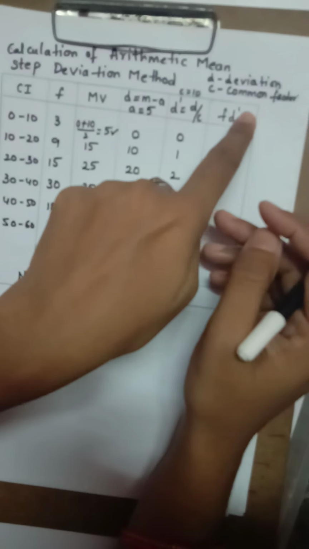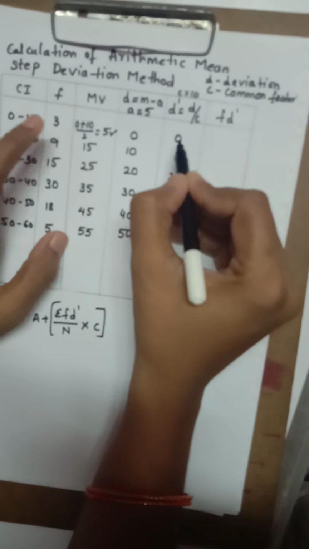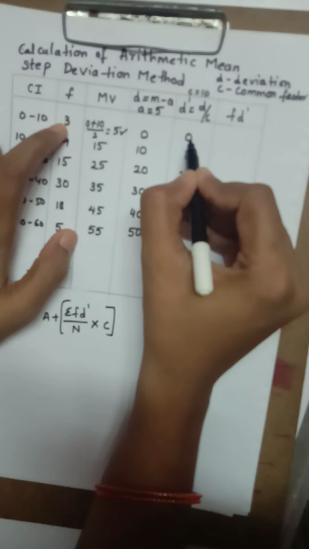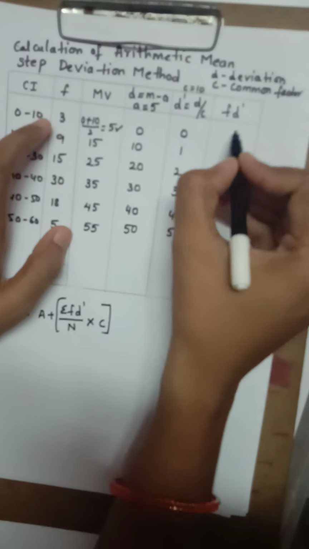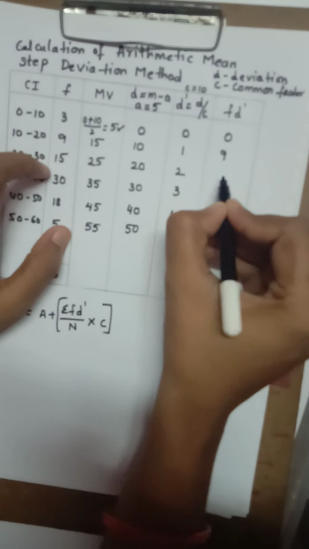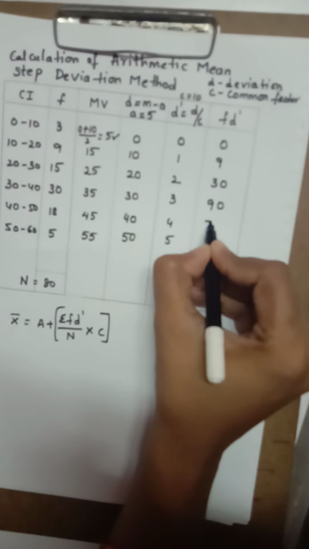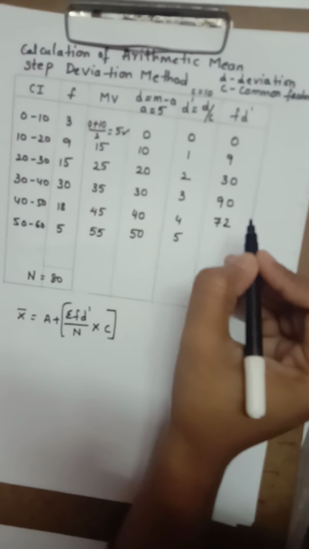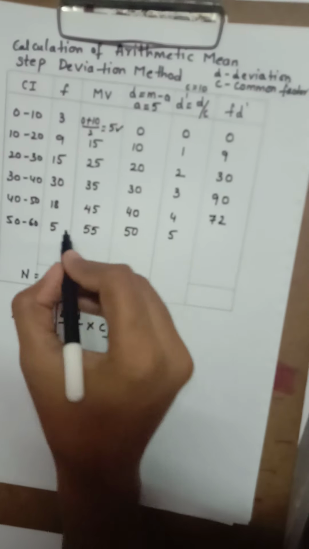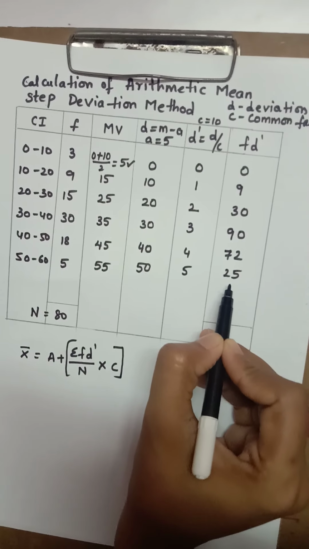The next column is FD dash. FD dash is nothing but the multiplication of frequency and D dash values. 3 into 0 is 0, 9 into 1 is 9, 15 into 2 is 30, 30 into 3 is 90, 18 into 4 is 72, 5 into 5 is 25.